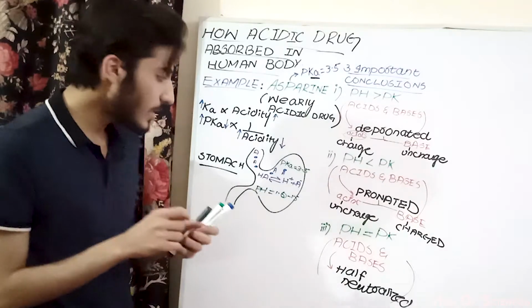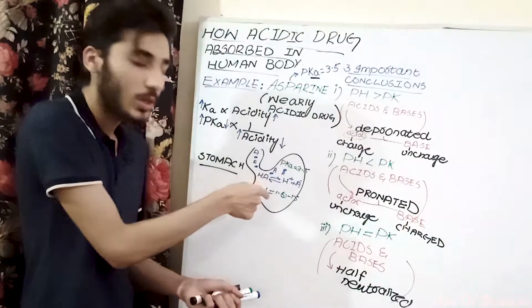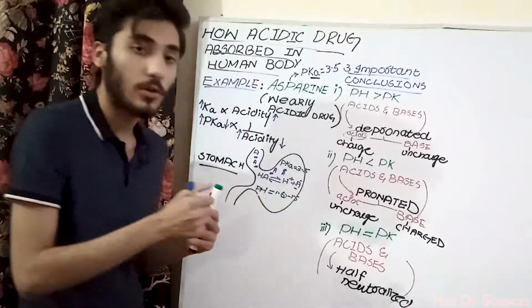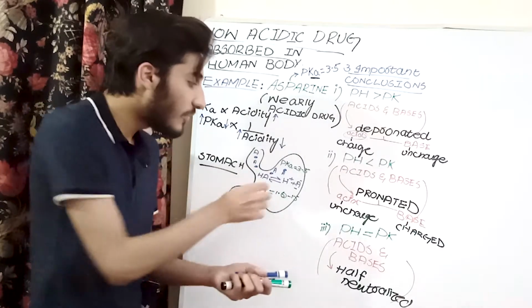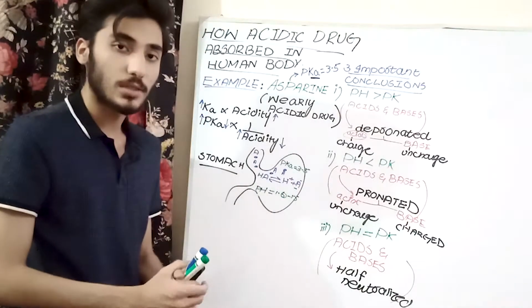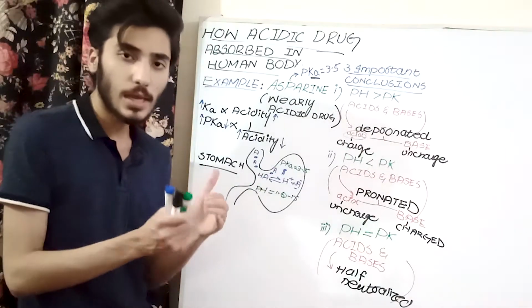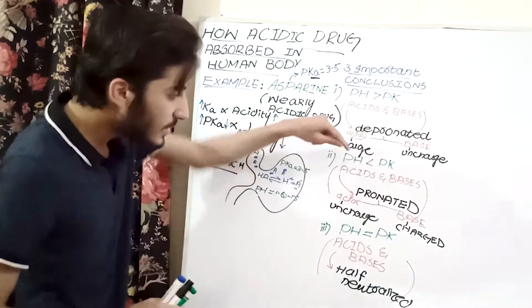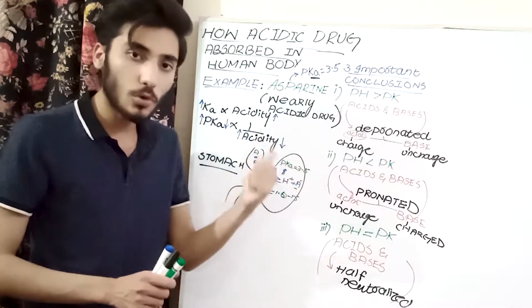So this is the protonated form of an acid, because a proton is attached to the acid, while this is the deprotonated form of an acid, because the proton has been washed away from this conjugate base. So this scenario, in which the pH is less than the pKa, or the pKa is greater than the pH, suggests that the acids and bases will exist in their protonated form.